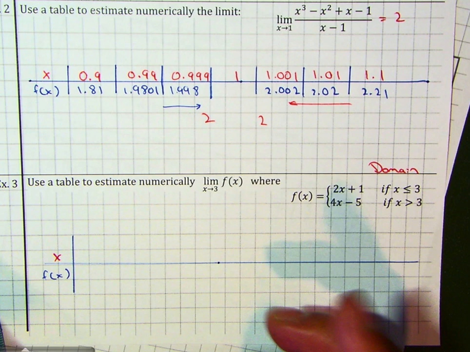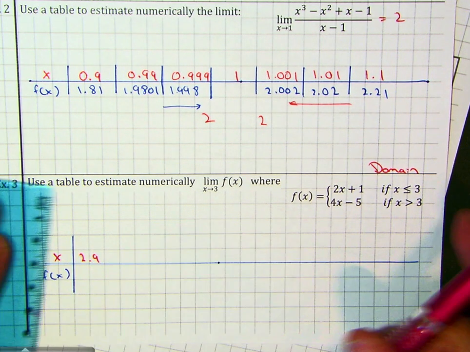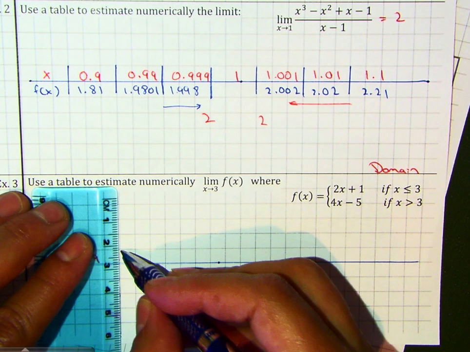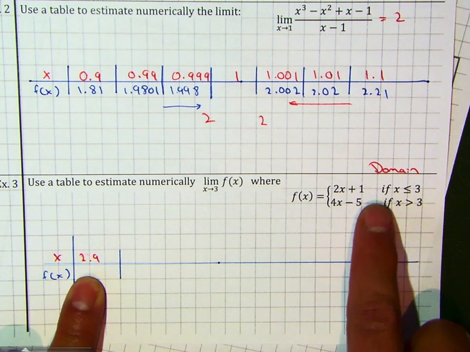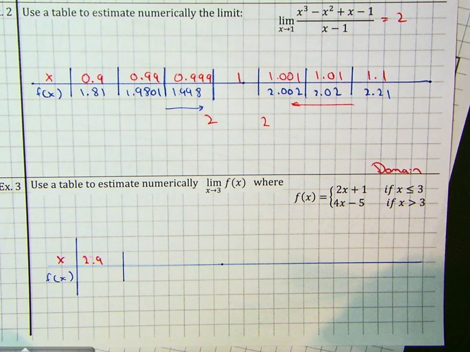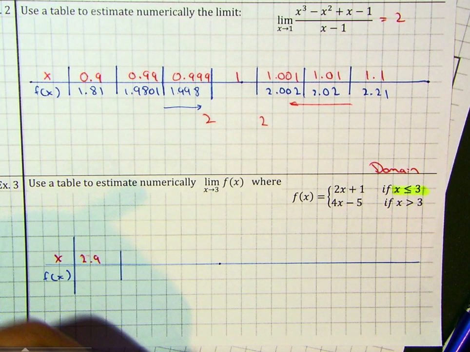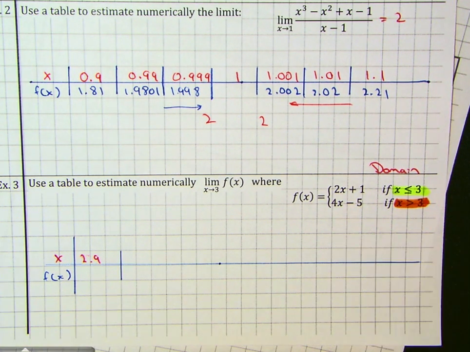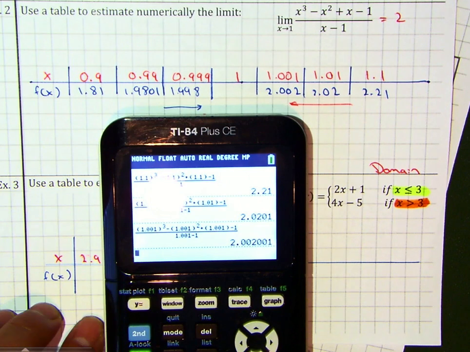So we are going to use 2.9. Now 2.9, will that apply to the first piece or to the second piece? That will apply to the first one. So I'm going to plug in 2.9 on the first piece of the function, 2 times 2.9 plus 1.